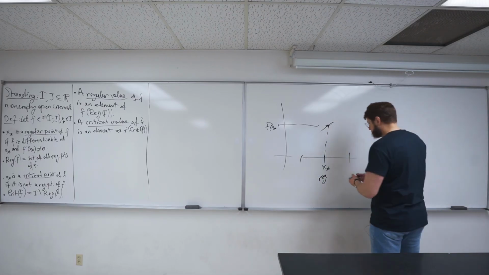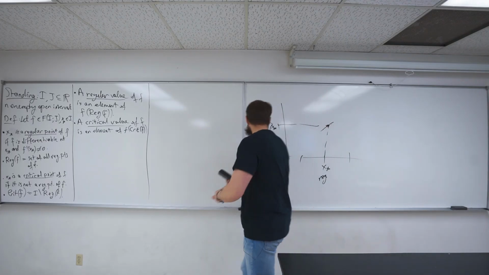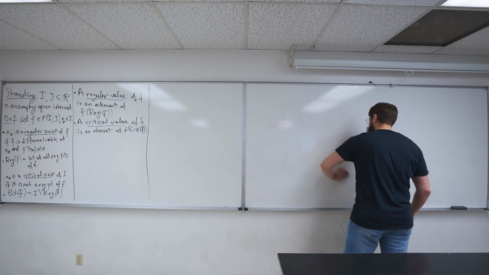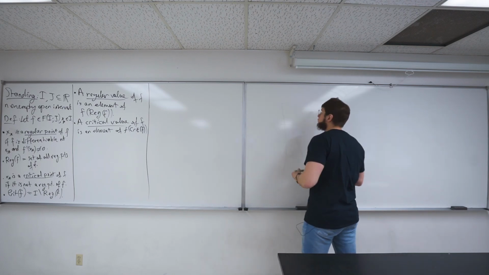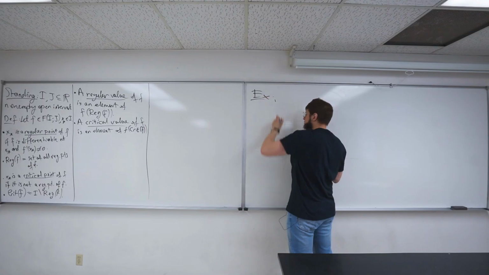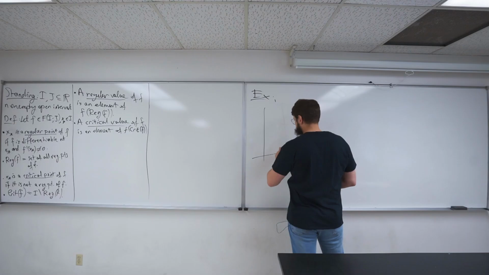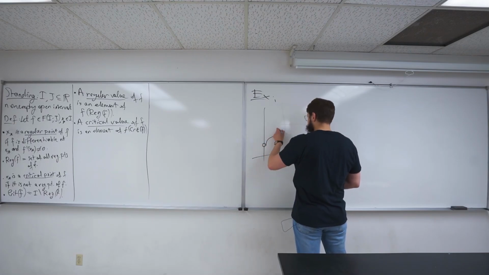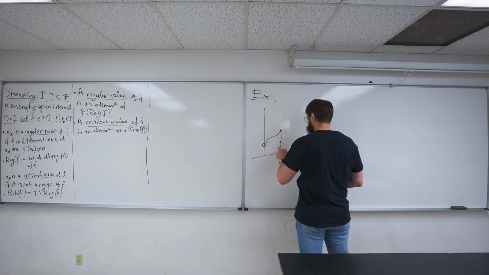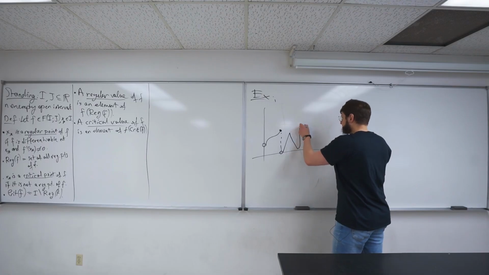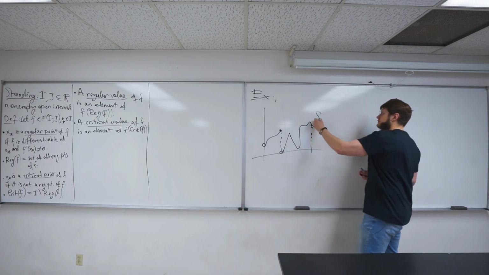But maybe I'll draw a better picture perhaps. So here's a nice visual example. Say, start here. Say there's a discontinuity. Then there's a kink like this. And then this is what happens. Okay, so this is my function, say.